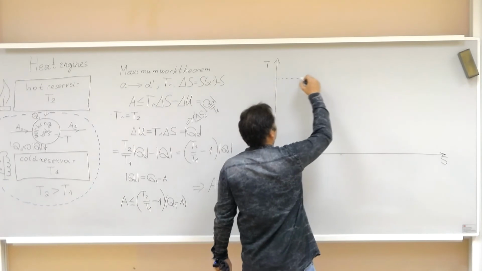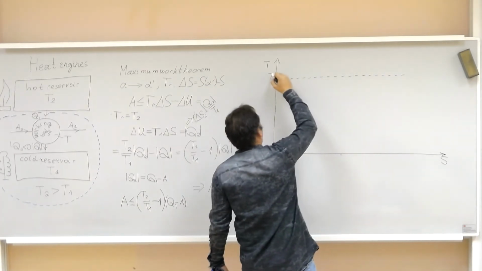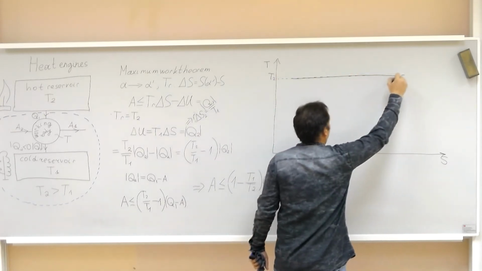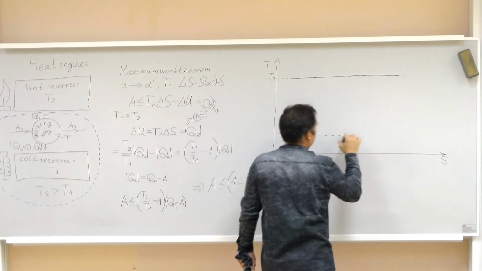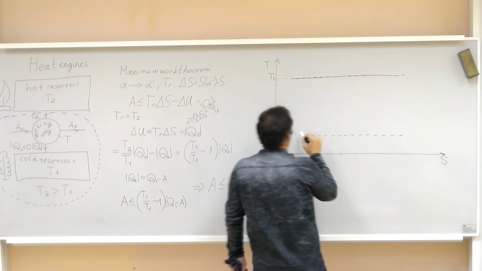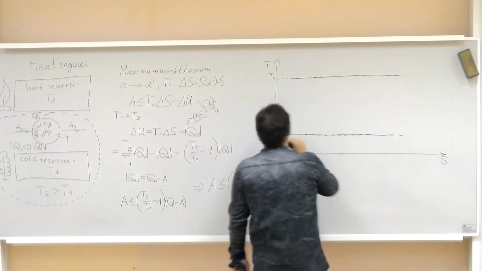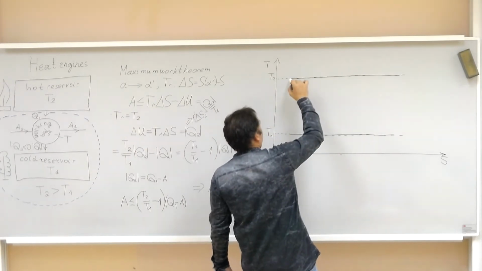The highest temperature of the cycle is T2, and it's the temperature of the hot reservoir. The lowest temperature of the cycle is the isotherm with the temperature T1, the temperature of the cold reservoir.